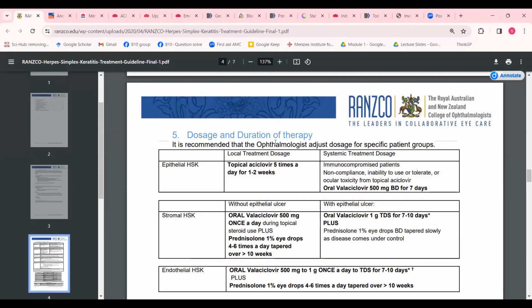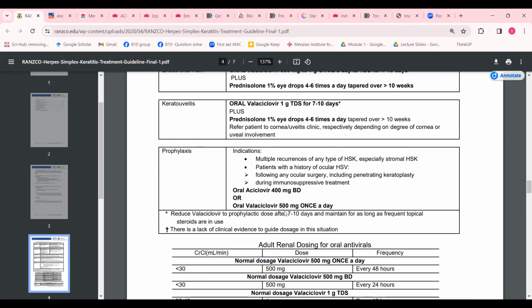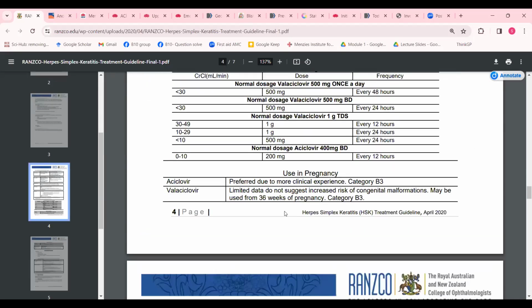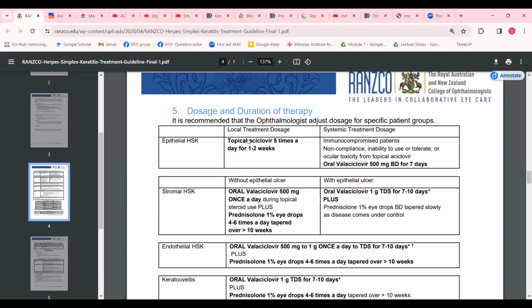This is the one they have given for the management of different types of herpes simplex keratitis or dendritic ulcers. You don't need to know all these doses in depth because you are not going to become an ophthalmologist. You are not going to write the ophthalmology training exam here. So you should know the basics. For epithelial, topical acyclovir. For systemic, oral valacyclovir.